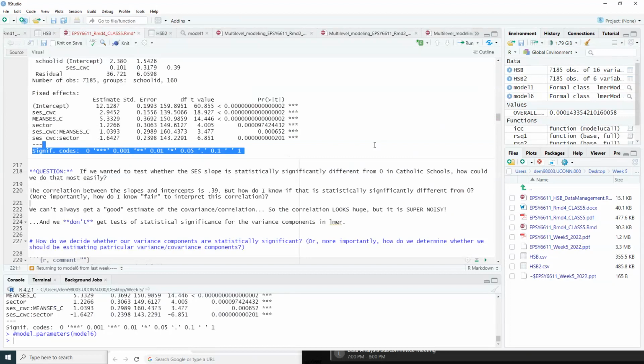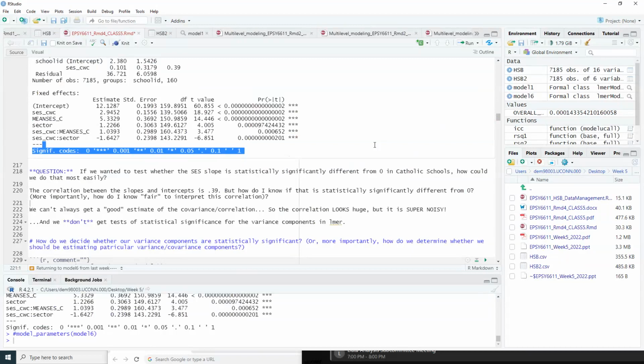Until this semester you had one residual variance in multiple regression. Now we've got this massive tau matrix, and the covariances are the hardest to estimate, often estimated the least precisely.